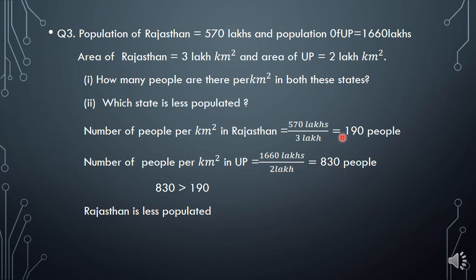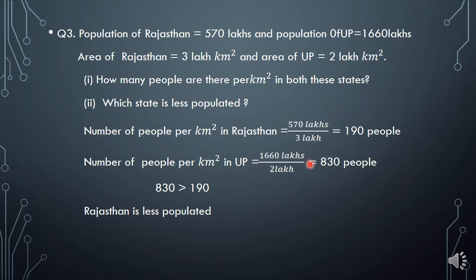So now let us compare these numbers. 830, 190. Which is greater, children? 830 is greater. So this number is from UP. So in UP, in 1 kilometer square area we have more people. So we say Rajasthan is less populated and UP is more populated.